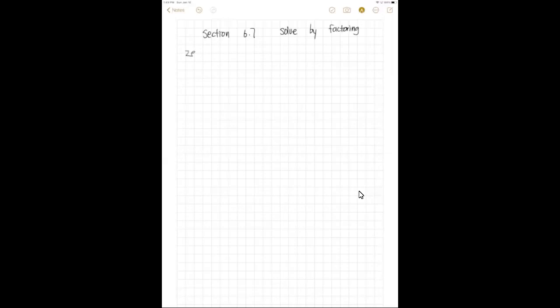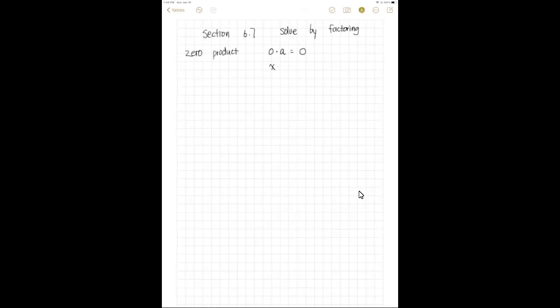Okay, so first of all, some review. Zero product rule. Remember that any number multiplied by 0, what will be the result? 0, right? That's what we learned. Anything multiplied by 0 is equal to 0.